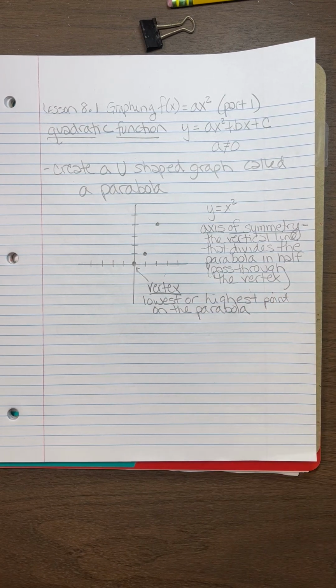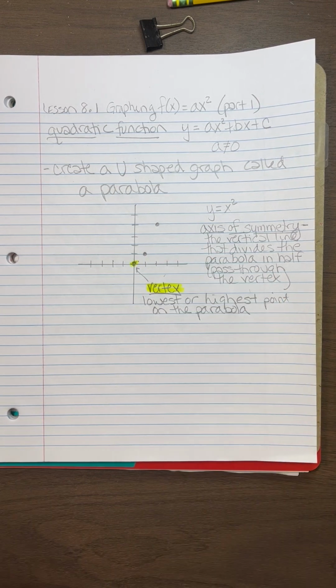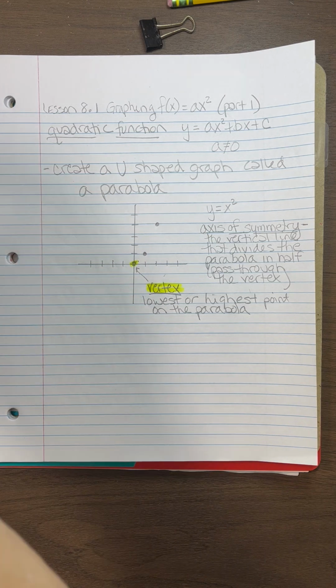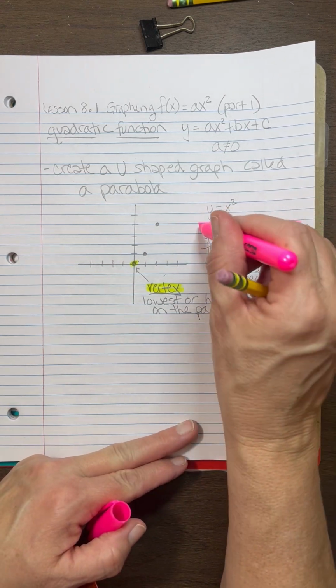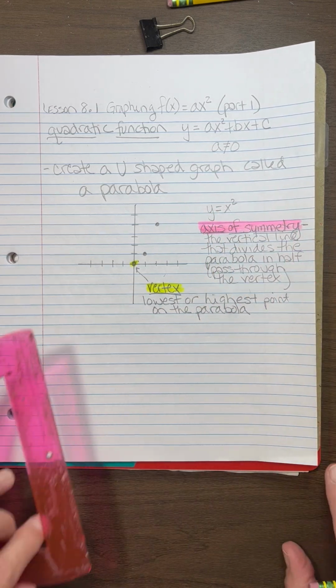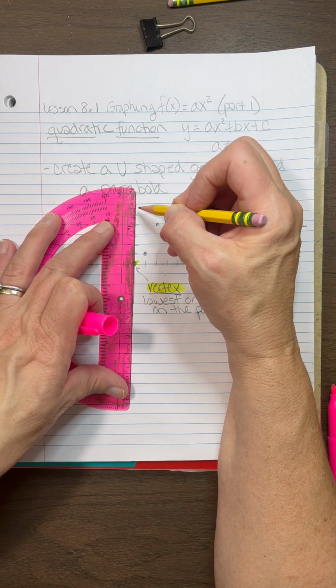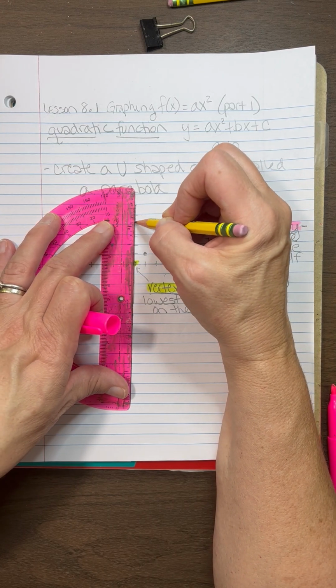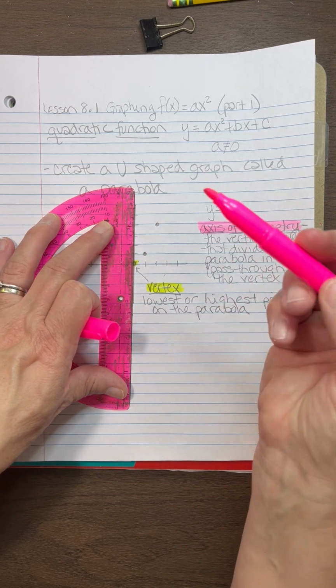Okay, so let's highlight a couple things. This is going to be your vertex right here. And your axis of symmetry is going to be a vertical line that divides the parabola in half. If it's going to pass through the vertex, then the vertical line that passes through the vertex is, in this case, going to be your y-axis.